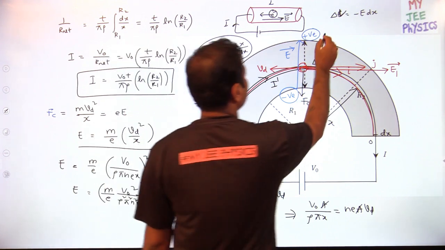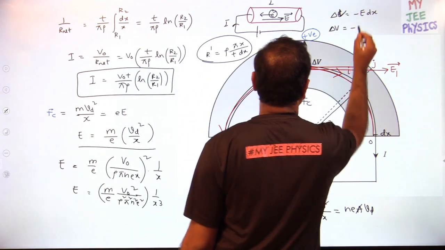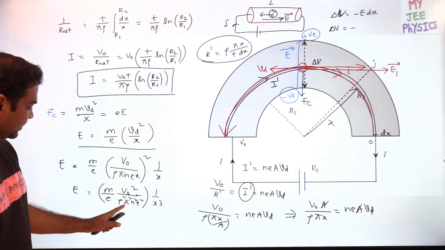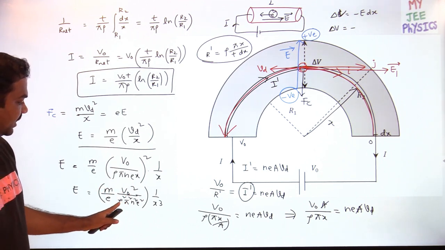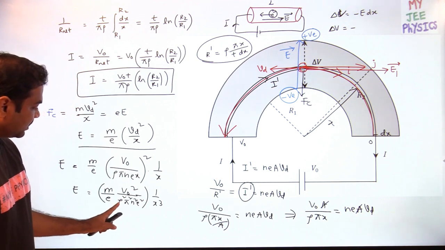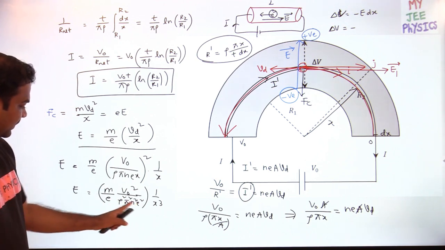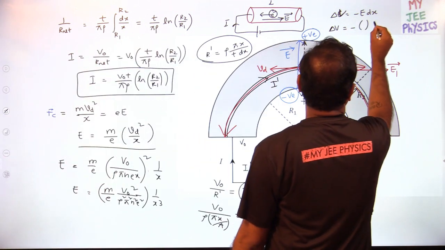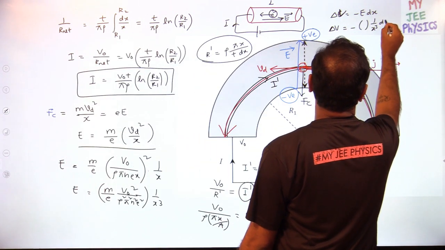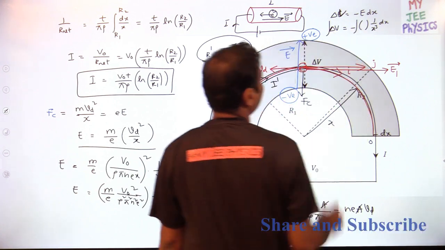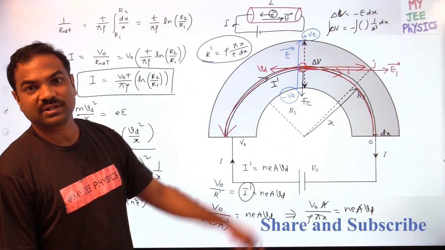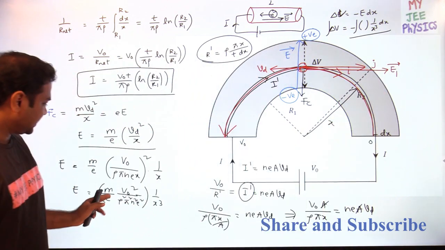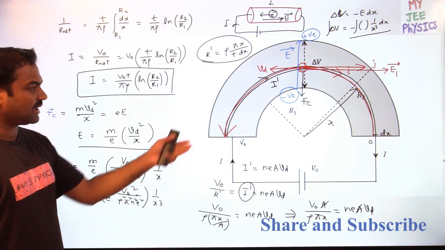So delta V is equal to minus of something constant, for a constant V naught, and all remaining terms are constant. m is the mass of the electron, and rho, pi, n, e are everything constant. So some constant into 1 by x cube dx. If I integrate from R1 to R2, I get the total potential difference. The remaining terms will all be numbers, like m, e, rho, pi, n, R1, R2.